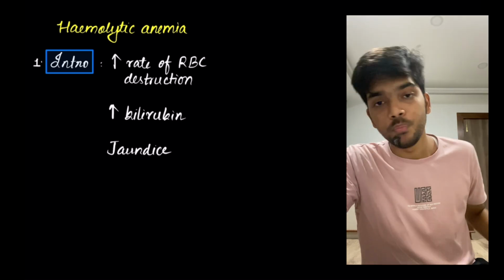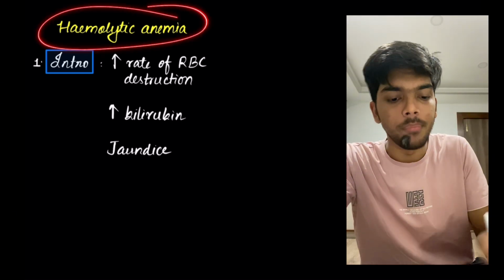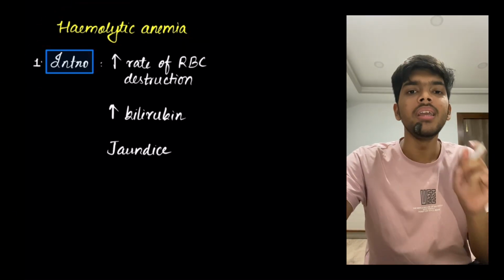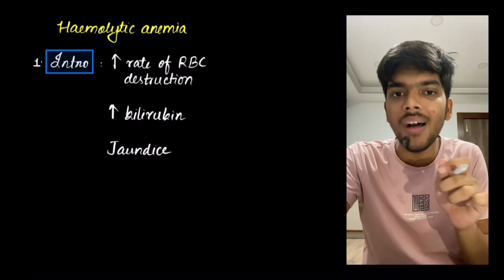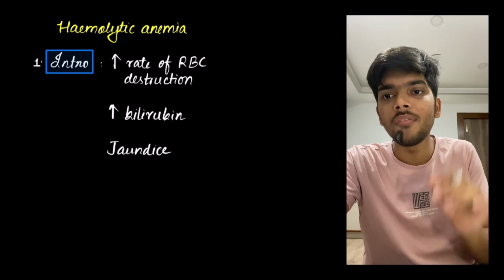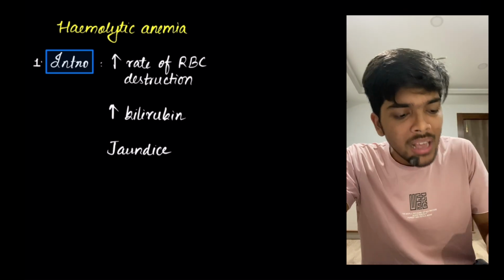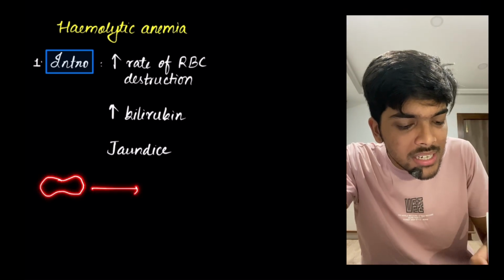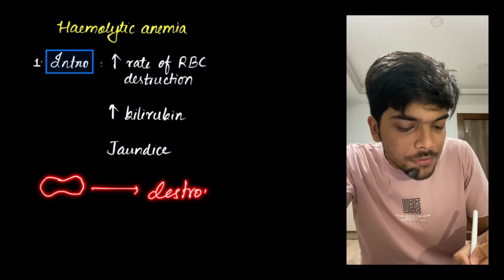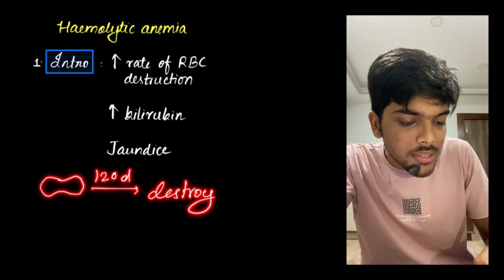Okay, now let's begin hemolytic anemia. First, introduction. In hemolytic anemia, hemolysis of RBC takes place. Destruction of RBC takes place at a much higher rate than normal. See, RBC normally gets destroyed after 120 days.